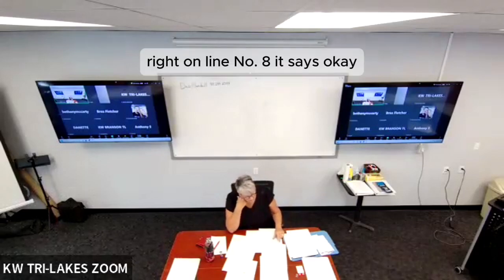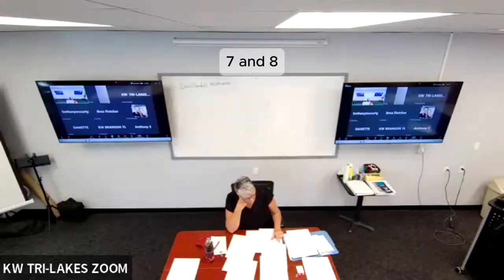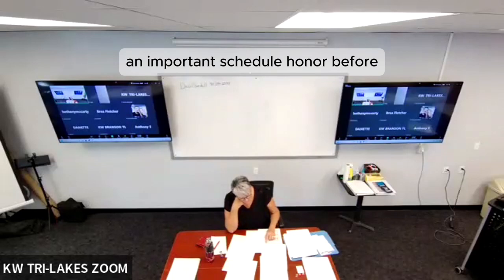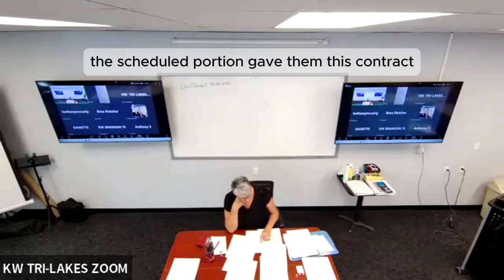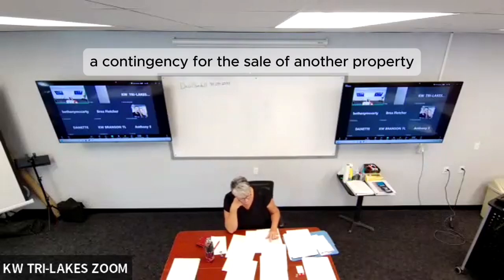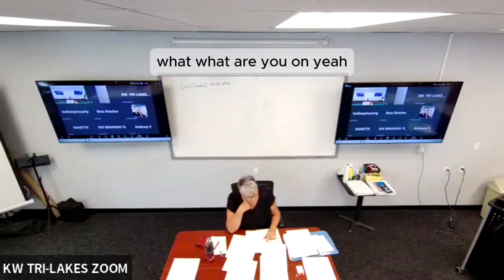Right on line number 8, it says, okay, 7 and 8: when the existing property goes under contract to sell with a closing scheduled on or before the scheduled closing date of this contract, and which does not contain a contingency for the sale of another property. What line was that?